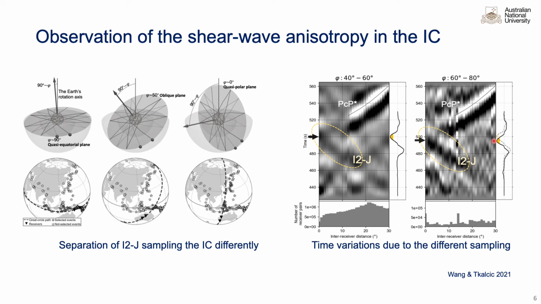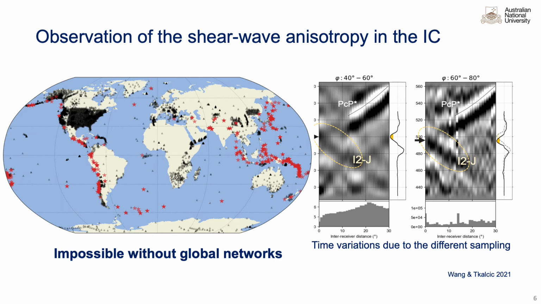It is related to the different sampling of the inner core by I2-J. So for producing these different correlograms, this is all the stations and events we used on a global scale. I would like to say that without global networks, it is impossible to observe such a time difference for the inner core shear wave anisotropy.